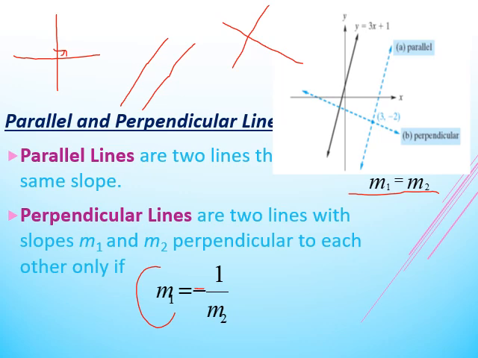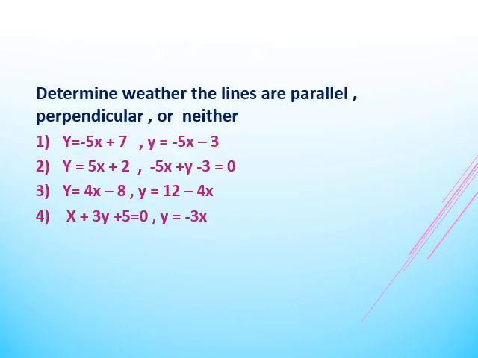If the two values are not equal, or not equal to negative 1 over the other one, the two lines are neither parallel nor perpendicular. Let's move to the examples to determine whether the two lines are parallel, perpendicular, or neither.